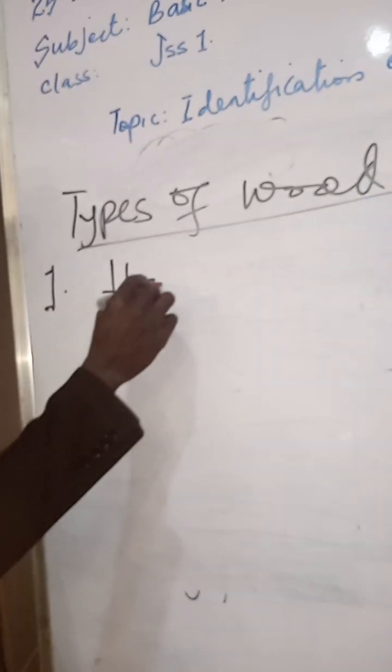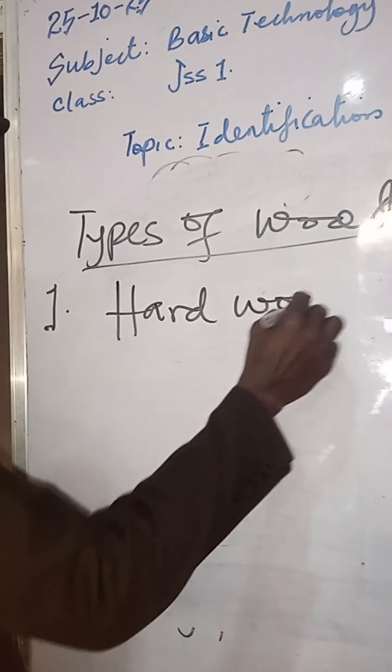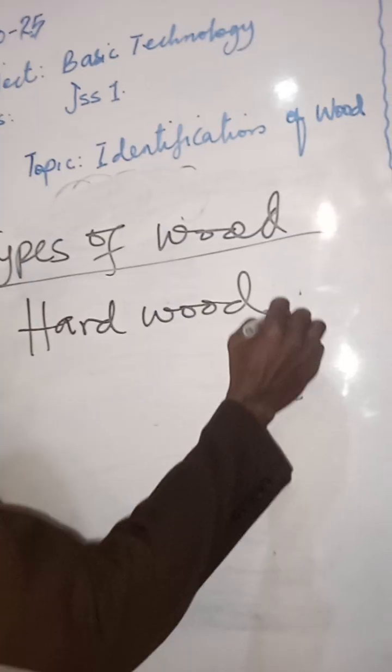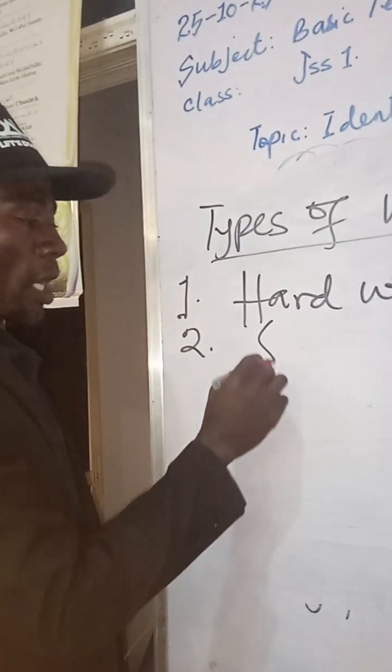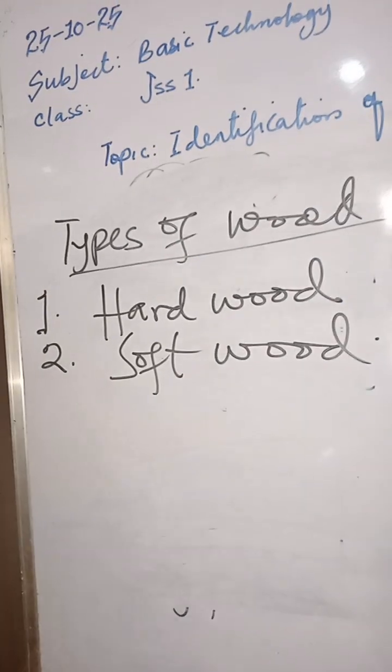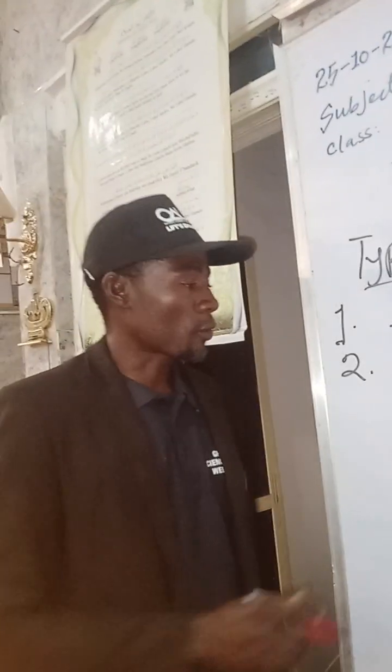The types of wood are: 1, hardwood, and 2, softwood. Those are the 2 types of wood, hardwood and softwood.